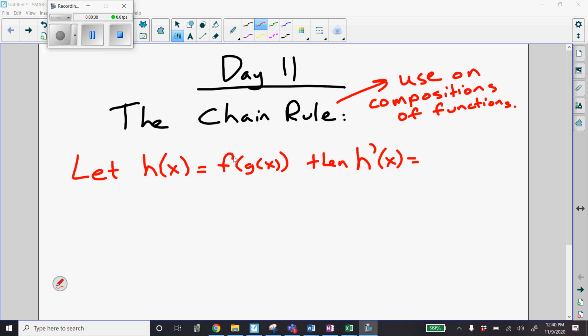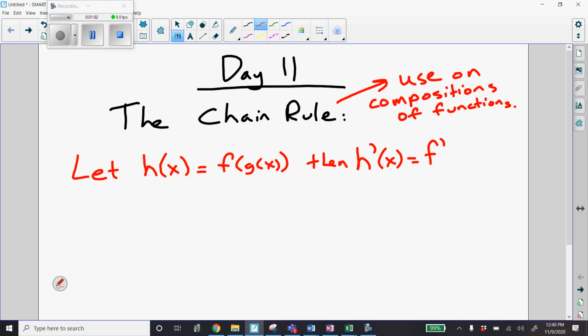Okay, so here's how this works. If h of x is f of g of x, then h prime of x would be this. It's going to start with the derivative of the outer function. I like to call this the inside function and this the outside function. And h prime of x then would be the derivative of the outer function, with respect to the inner function. Get used to this way that I'm going to phrase this.